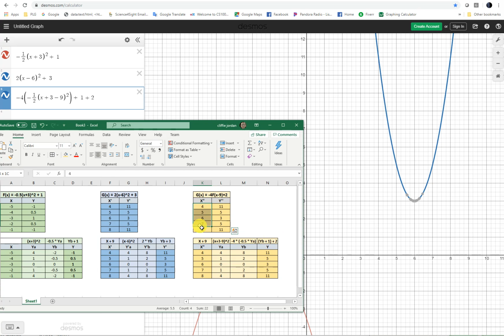So I put in these same x values that I have over here, and using this new formula, which is different from this formula. See, this is the original g of x, but this is the transformed f of x, which is equal to g of x.